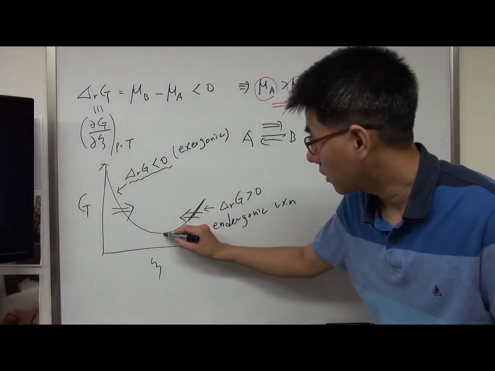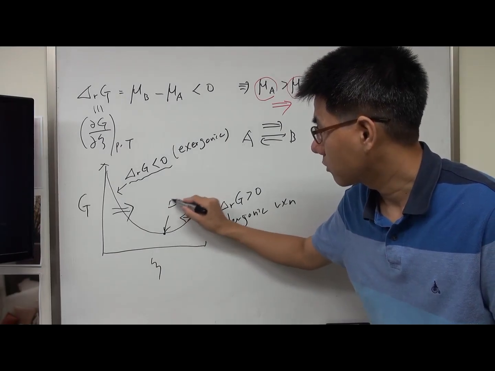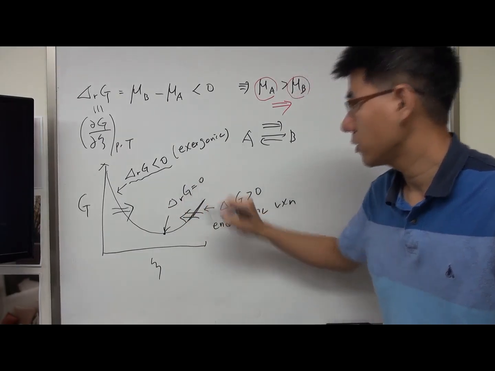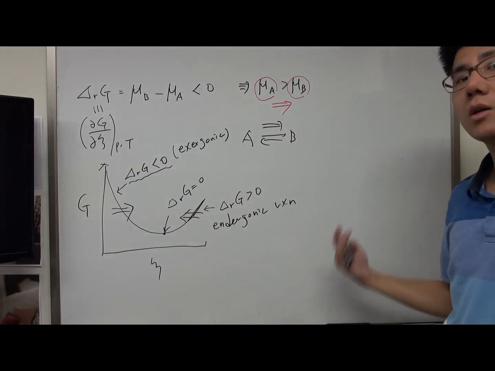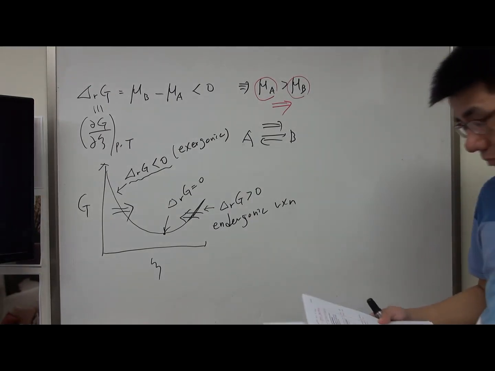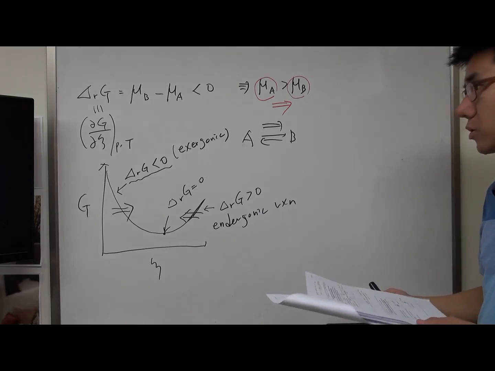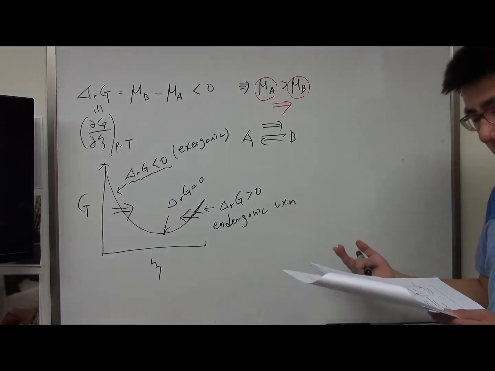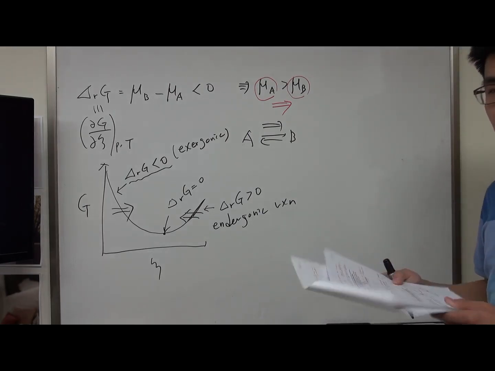And finally, when reaction Gibbs energy is zero, this chemical reaction reaches equilibrium. Okay? So basically it shows how chemical potential changes as a function of composition.